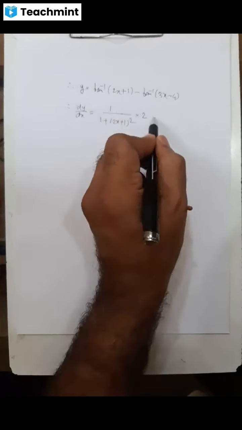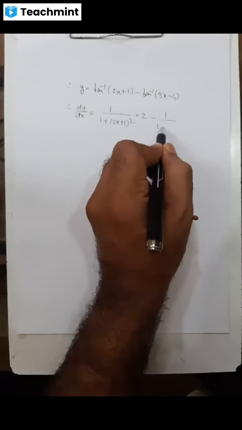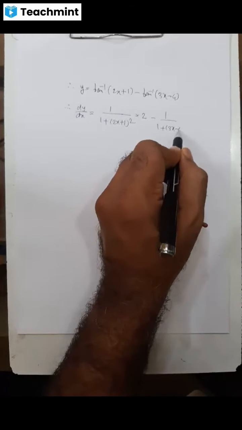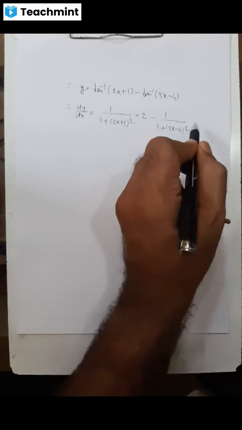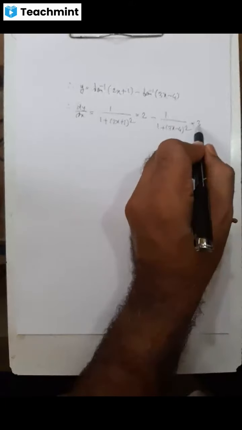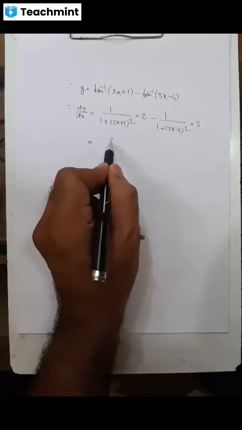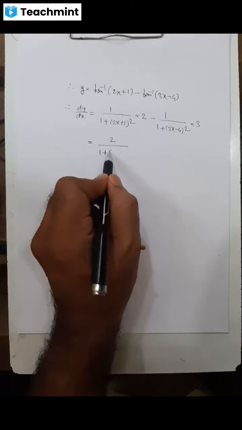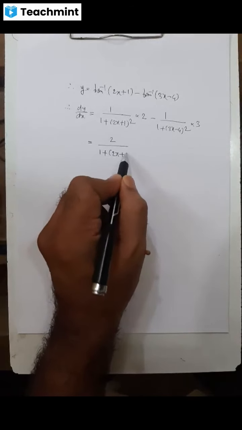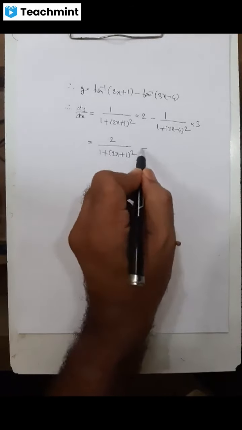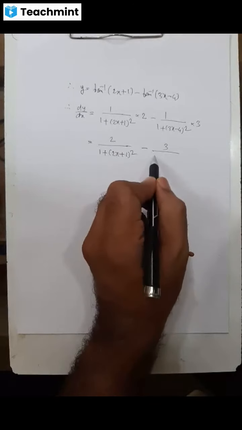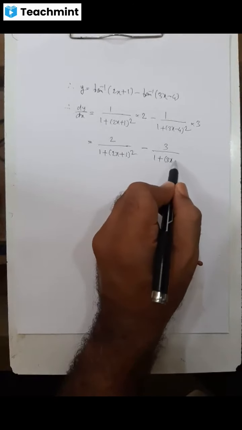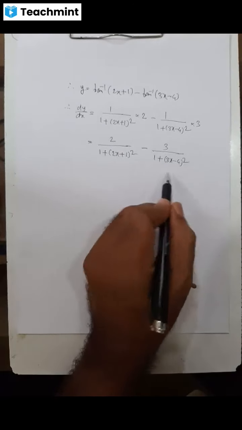Derivative of 1 is 0. Similarly, the second term: 1 divided by 1 plus (3x minus 4) its square, and the derivative of 3x minus 4 is 3. Thus we get 2 divided by 1 plus (2x plus 1) square. Don't simplify this, keep as it is. This is the final answer, minus the second term 3 divided by 1 plus (3x minus 4) square.